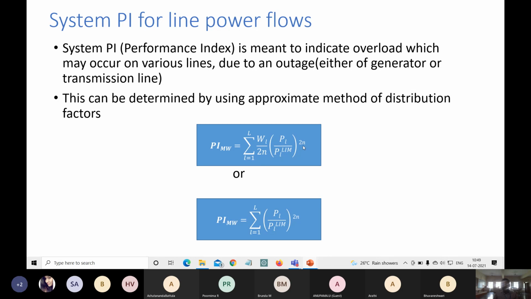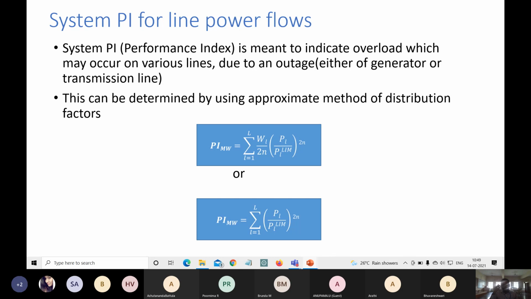This exponent 2n should always be maintained even, not odd. I will tell you why. So PI megawatt equals the sum from l equals 1 to L of W_L by 2n, P_L divided by P_L limit, the whole to the power of 2n.